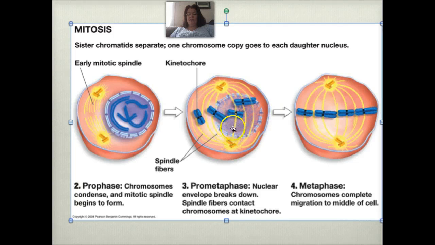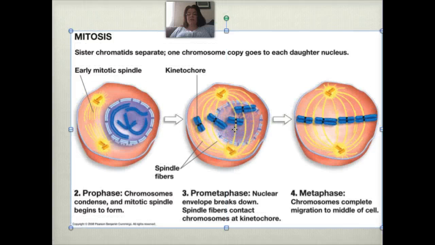One spindle fiber from each centriole pair is going to connect with each pair of chromosomes at the kinetochore. So in this slide, we have this yellow spindle fiber coming in and connecting with that little black dot on the top, and down here we have another spindle fiber coming in and connecting with that little black dot. Okay, so nuclear envelope breaks down and the spindle fibers move into place and connect at each kinetochore.